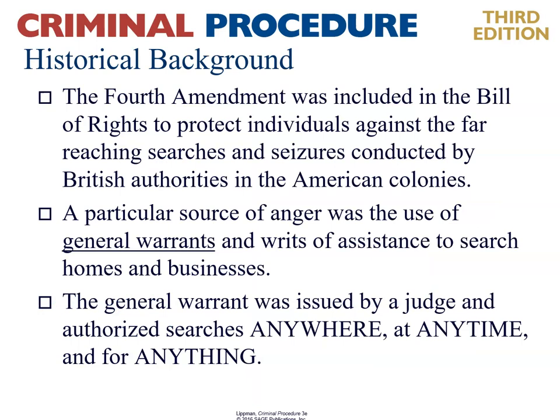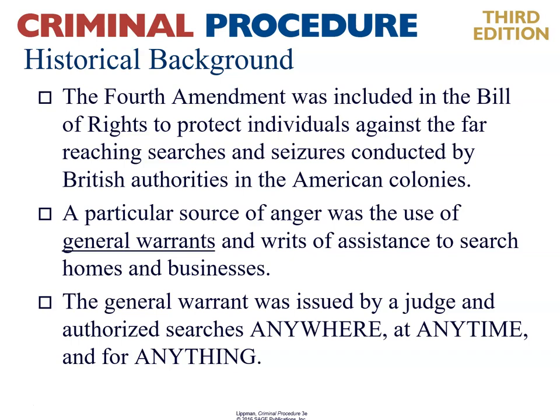So now let's look at a little bit of history before we start jumping into some of these particular search types and their affiliated cases. The Fourth Amendment was included in the Bill of Rights to protect individuals against the far-reaching searches and seizures that were conducted by British authorities in the American colonies. And remember, we talked a little bit about that in Chapter 1.